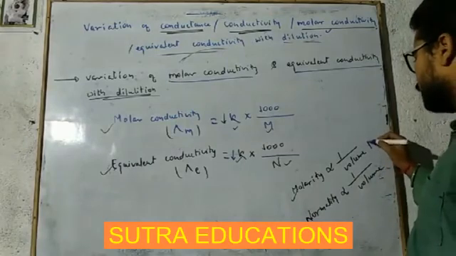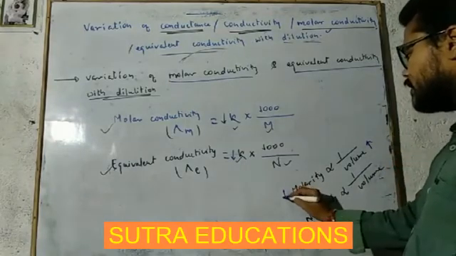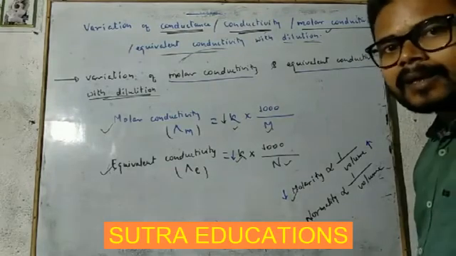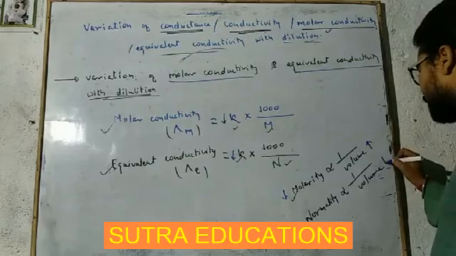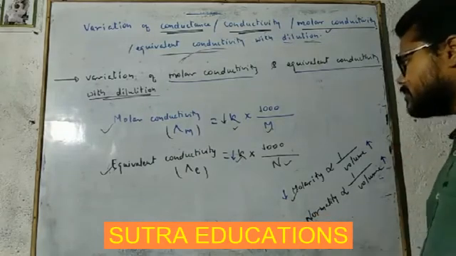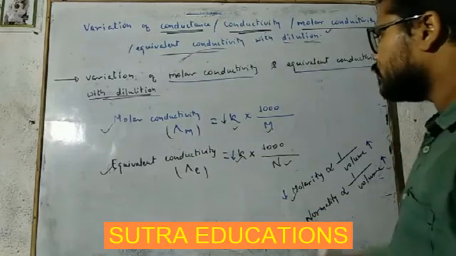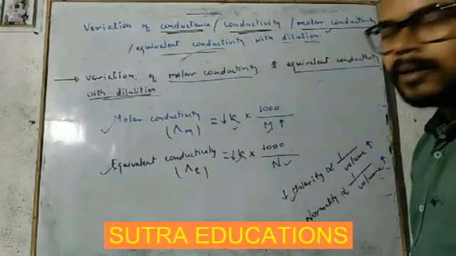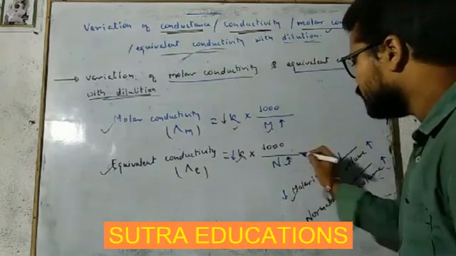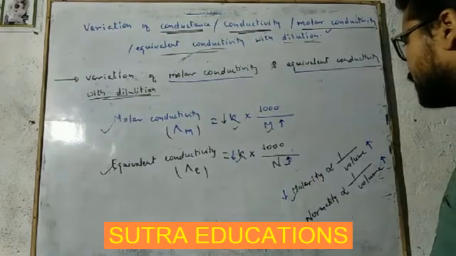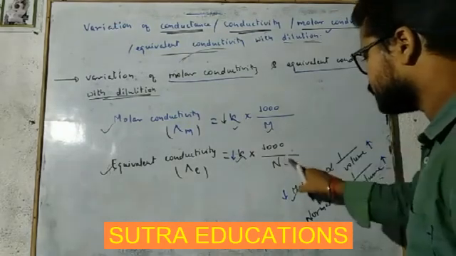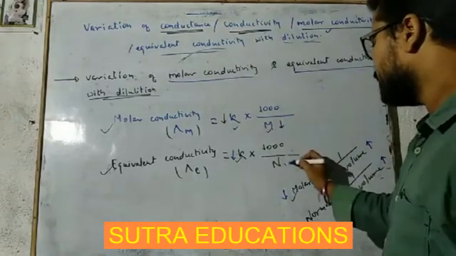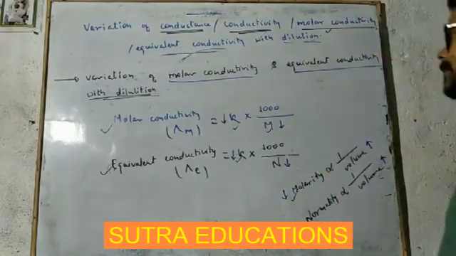If volume will increase, then molarity will decrease. In the same way, normality will decrease. So on dilution, molarity will decrease and normality will decrease, since both are inversely proportional.